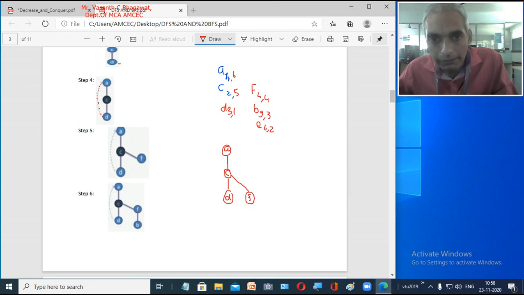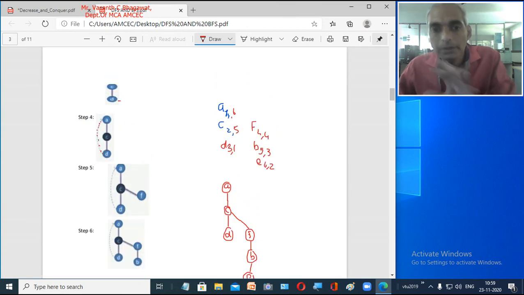Now after F you go to node B. So from F you go to node B. Right? From B you go to node E. Clear?